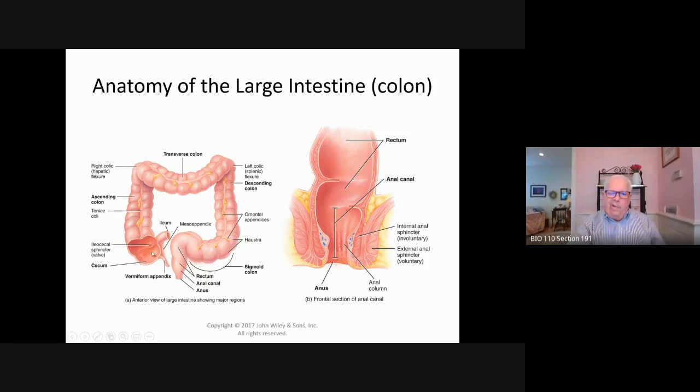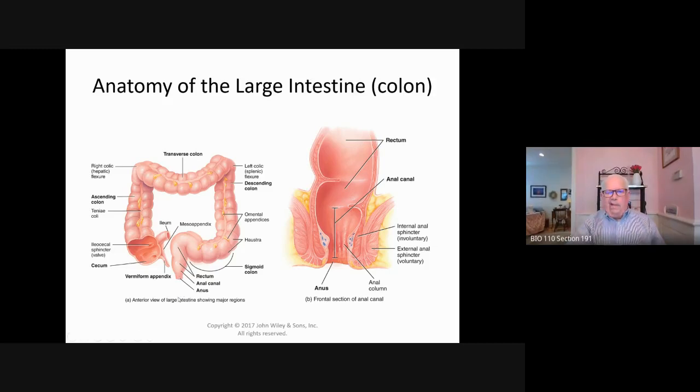First part of the large intestine is the cecum. The feces now travels to the ascending colon, then to the transverse colon, then through the descending colon, into the sigmoid colon, into the rectum, into the anal canal, into the anus, and out to the toilet.